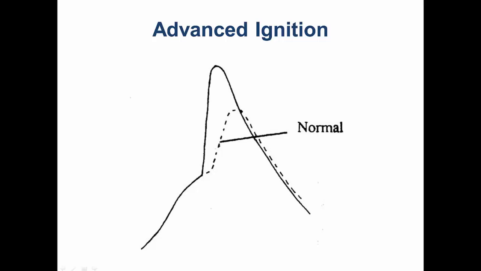So when that fuel burns, you've got a very, very small space that it's burning in. Or clearance volume is the proper term that I should be using. So advanced ignition will give you a pressure spike and raise Pmax fairly dramatically.